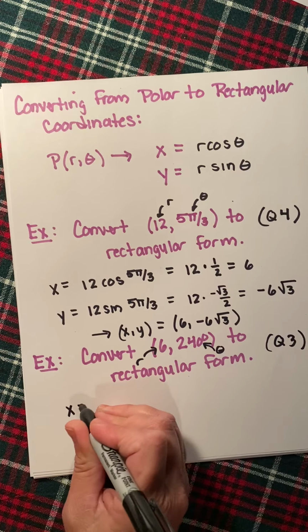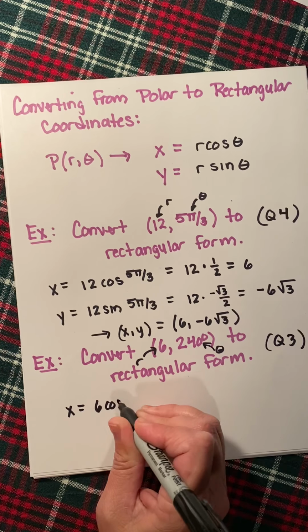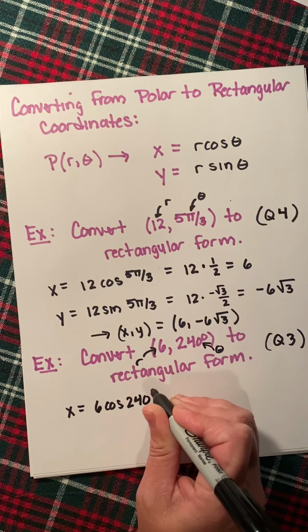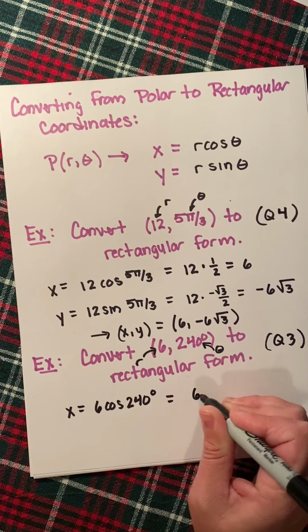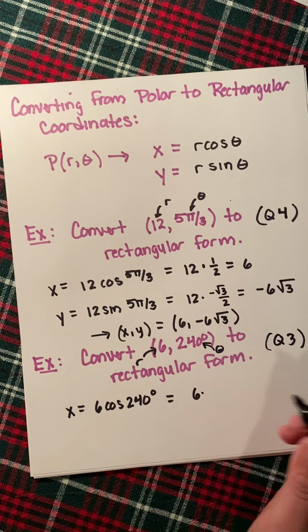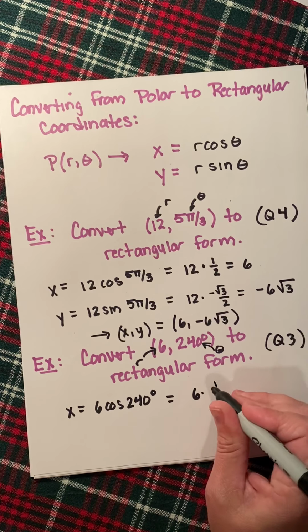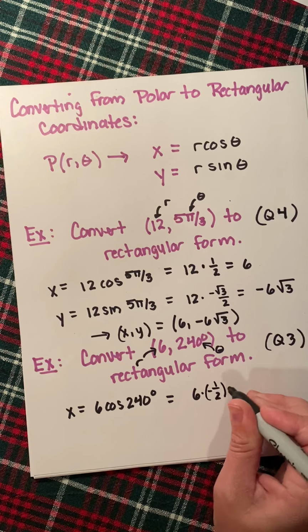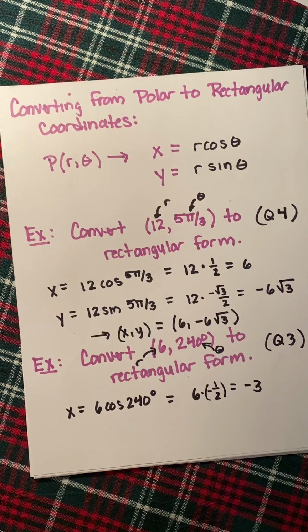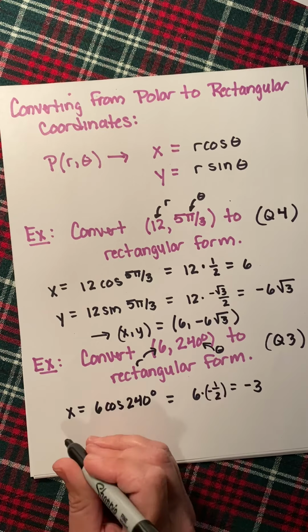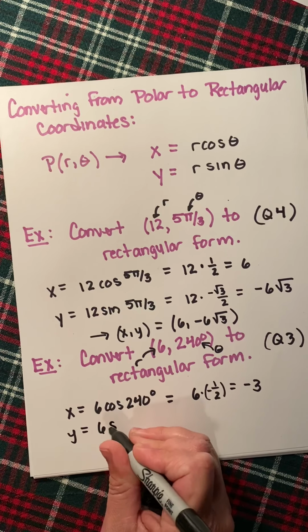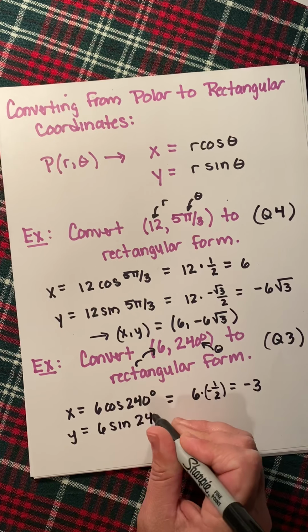So x is going to be 6 times cosine of 240 degrees. Well, again, it's a multiple of 60, so it's 1/2, and it's in the 3rd quadrant, so it's negative, so negative 3. And then y is equal to 6 sine of 240 degrees.